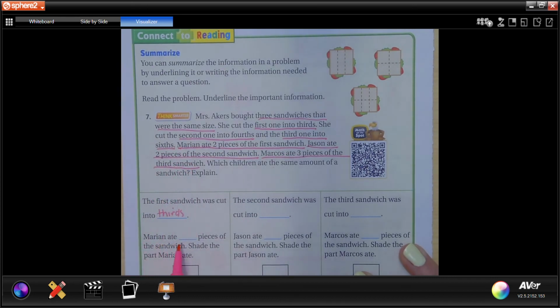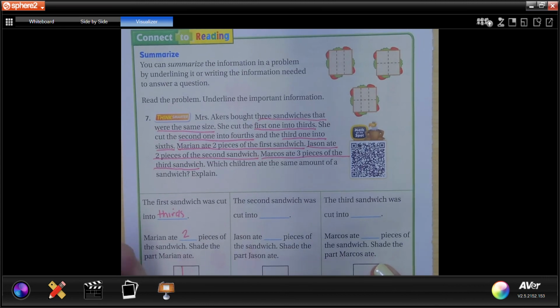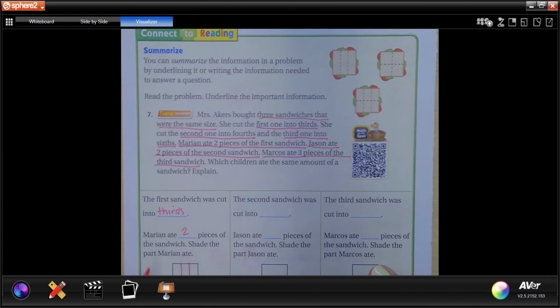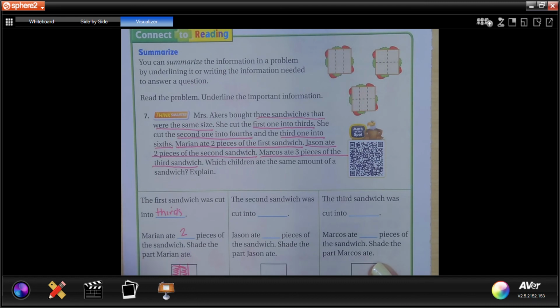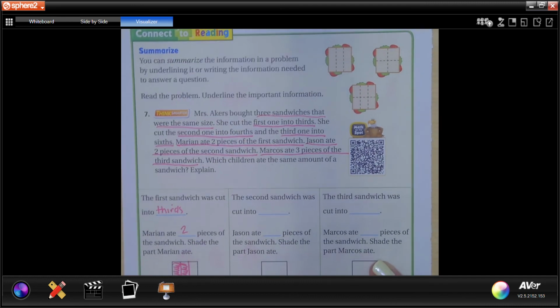Marion ate how many pieces? 2 pieces of the sandwich. Shade the part Marion ate. Well, if we cut it into thirds, and she ate 2, she ate 2 out of 3 pieces. So Marion ate 2/3 of the first sandwich.